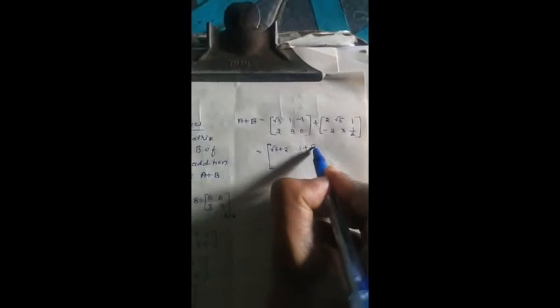We have to add the corresponding elements: a11 with a11, that is root 3 plus 2, 1 plus root 5, then minus 1 plus 1, next 2 plus minus 2, 3 plus 3, 0 plus 1 by 2.